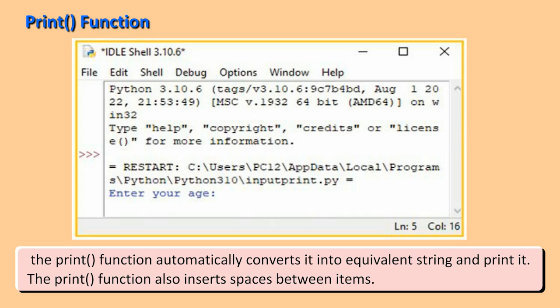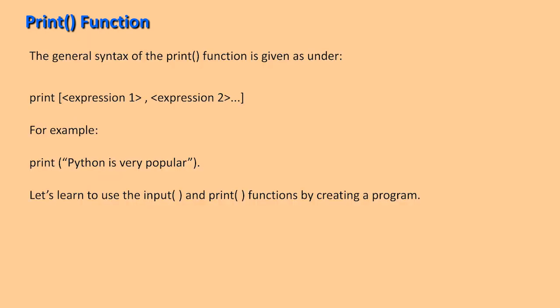The print function also inserts spaces between items. The general syntax of the print function is print(expression1, expression2, ...). For example, print("Python is very popular"). Let's learn to use the input and print functions by creating a program.